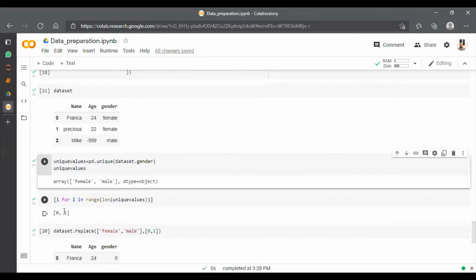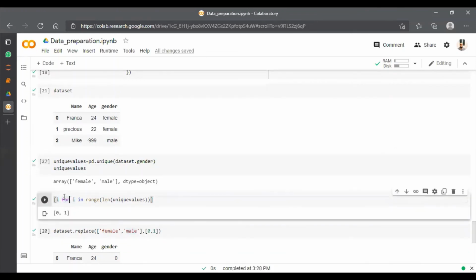Do you understand that? With this code, for i in range len of unique values, I'm going to get i for each of the range, and the range is going to be from 0 to 1. So these are the values that I need to replace.